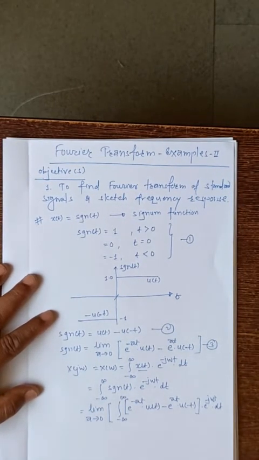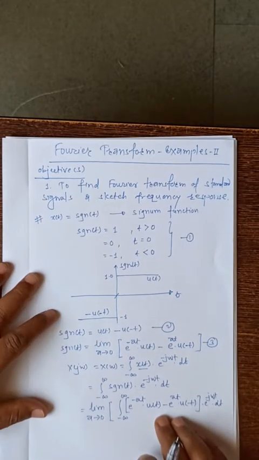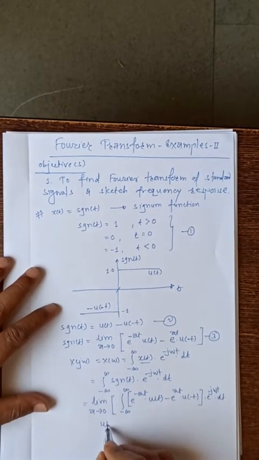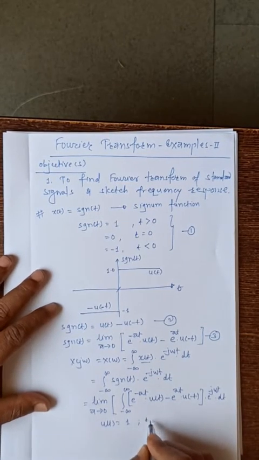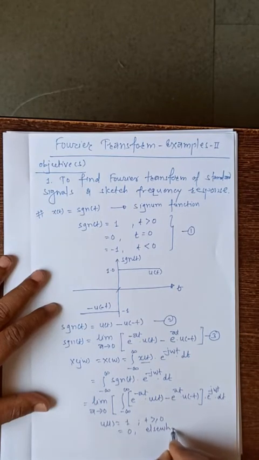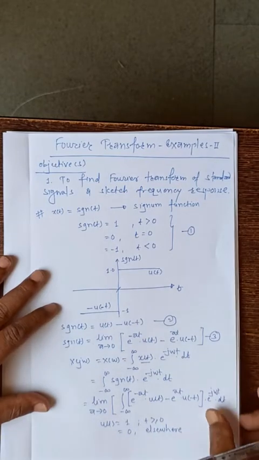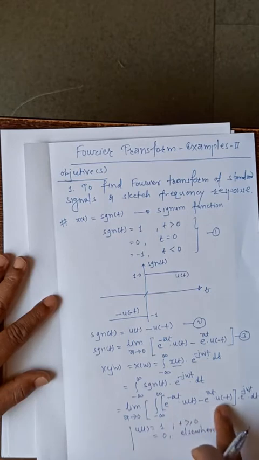Now I can write u(t) equal to 1 for the values of t greater than or equal to 0, and equal to 0 elsewhere. So we are going to simplify this integration.